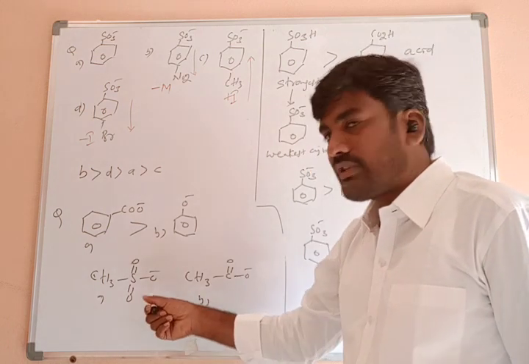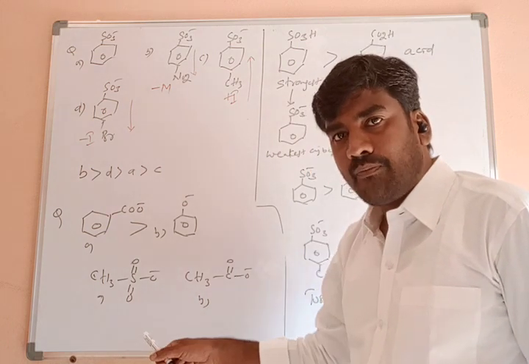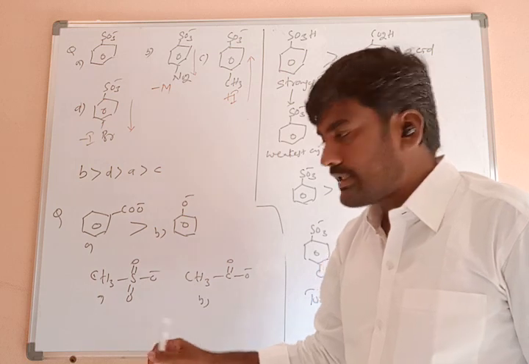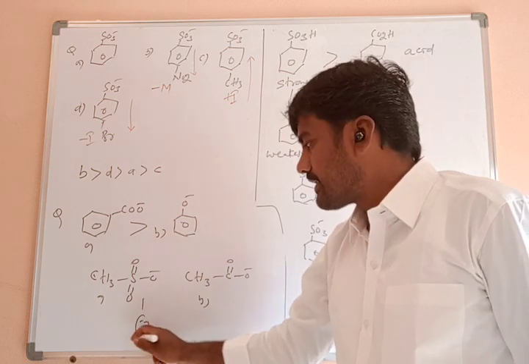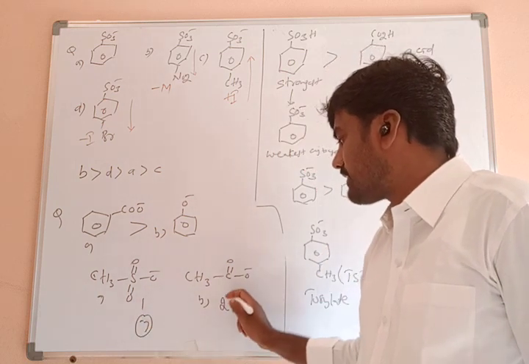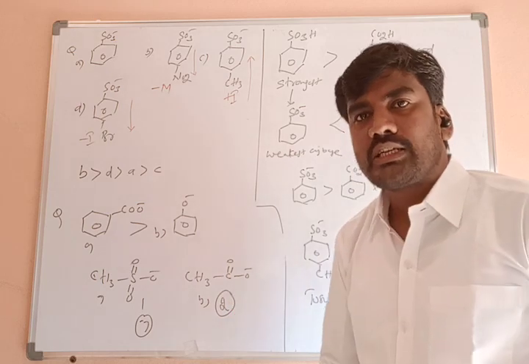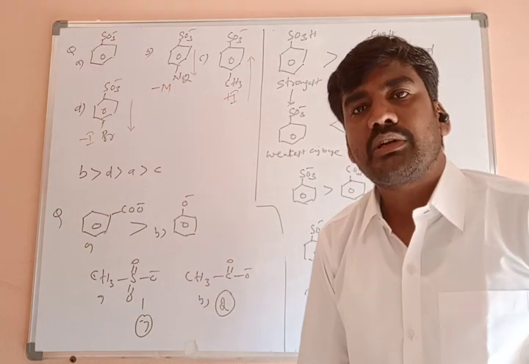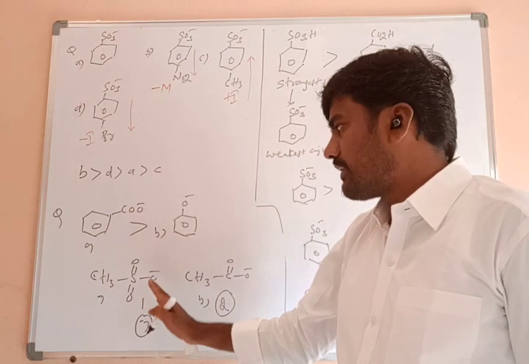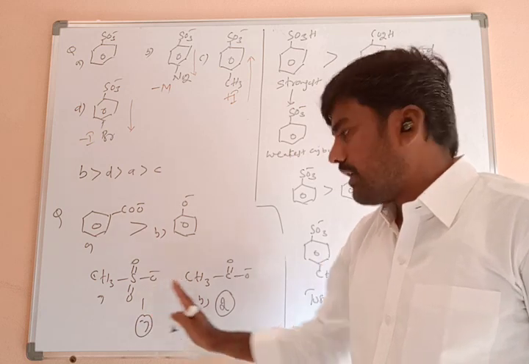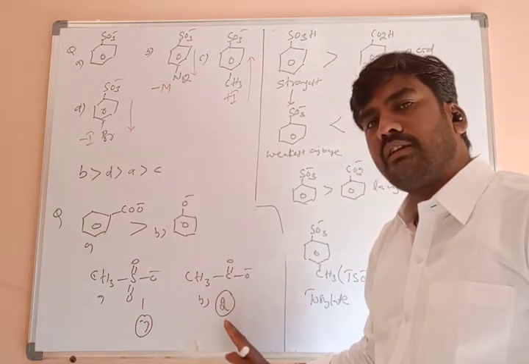Both have a negative charge on oxygen and both undergo resonance. Here we get 3 resonating structures, and here only 2. The number of resonating structures is directly proportional to the stability of the anion. So 3 resonating structures means more stable, and only 2 means less stable.